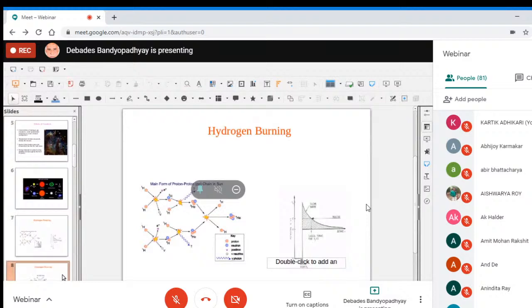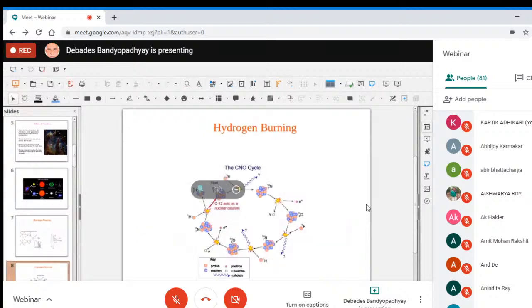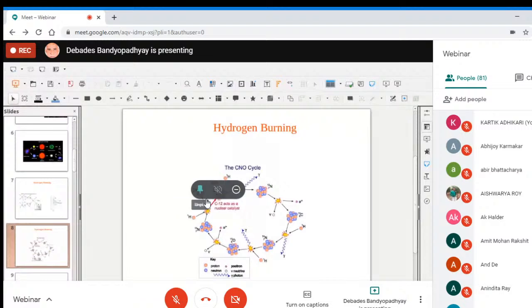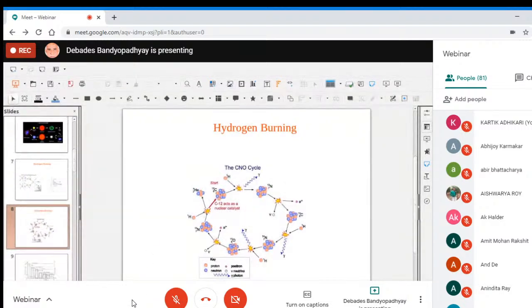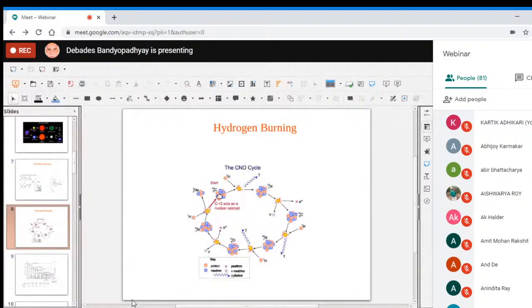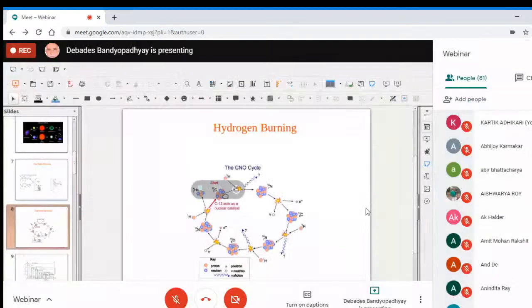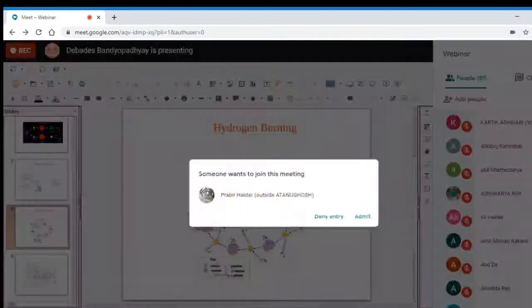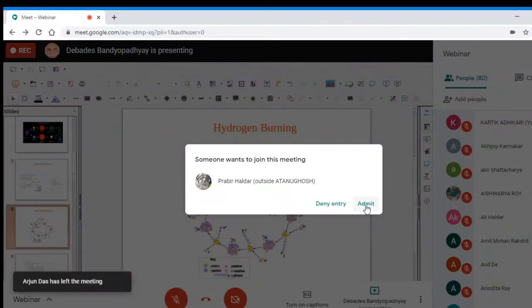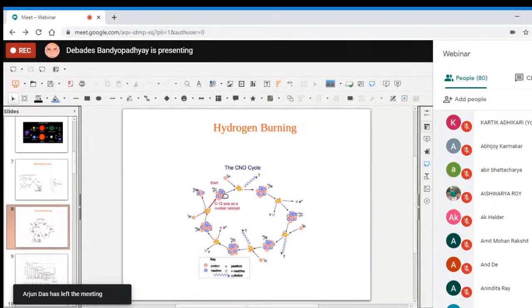Another process in this case is the carbon-nitrogen-oxygen cycle. In this case, carbon acts as a catalyst. Now, I said that the main ingredient of a star is hydrogen gas, but still it is contaminated with a little bit of heavy elements like nitrogen, oxygen, carbon, etc.